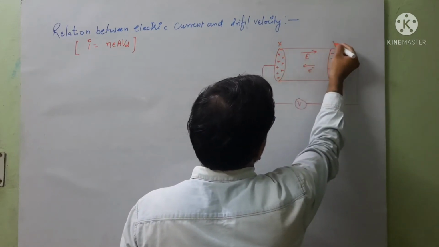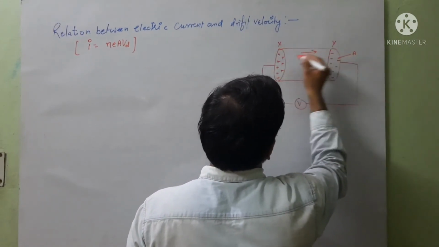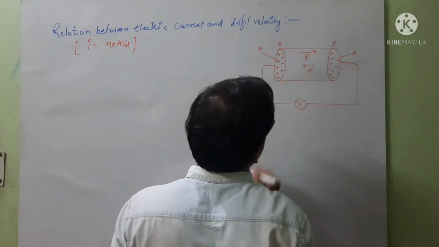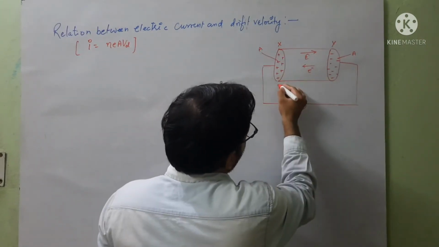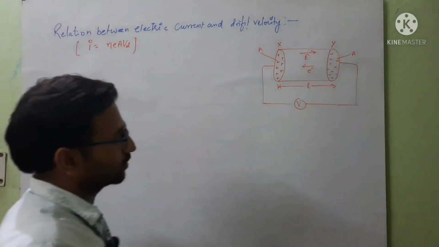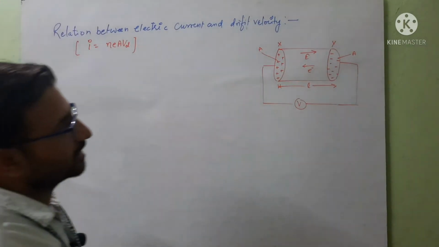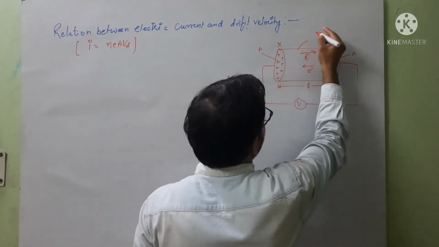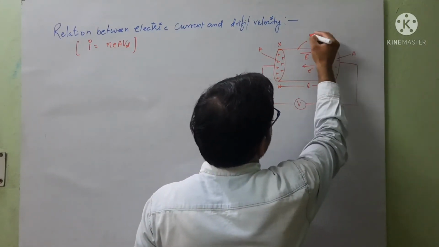This is our x and y, A is its cross-section area, both have the same cross-section area, and L is its length. Got it? So this is a conductor, meaning that here I am drawing this wire in a thick way, it is called a conductor.